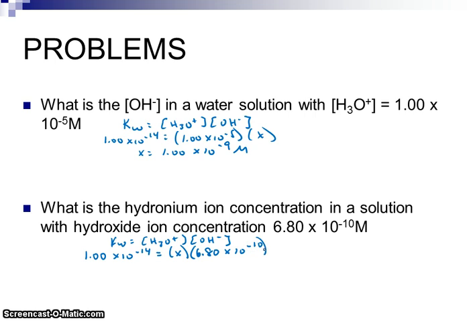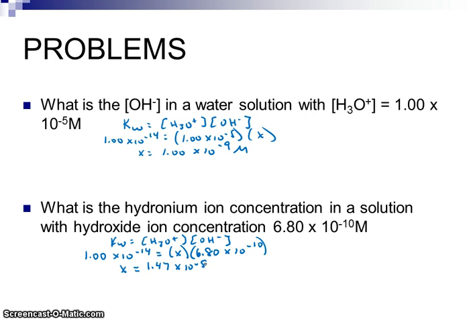So we're going to need to divide both sides by 6.80 times 10 to the minus 10 to solve for x. So our x will equal 1.47 times 10 to the minus 5. So we're really taking 1.00 and dividing it by 6.8. And we're taking 10 to the minus 14 and dividing it by 10 to the minus 10.